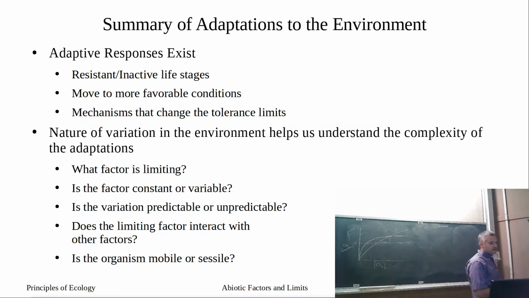And then you have the adaptations that change the tolerance limits. These are the adaptations that we typically think of. If we can produce these pneumatophores, it shifts our tolerance range for oxygen, because now, even if our roots see very low oxygen levels, we have a mechanism to acquire oxygen from the air.